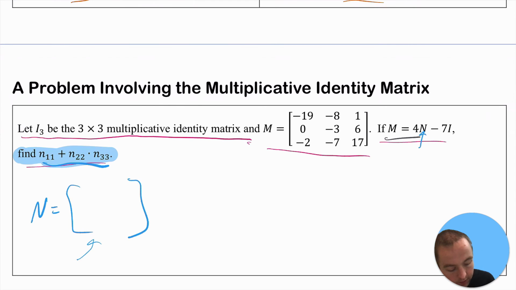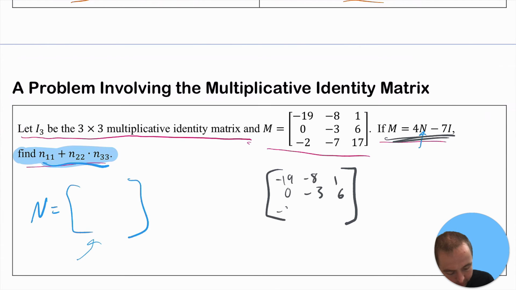So setting up based on that equation, it does say that M, so just copying M, is equal to 4 times whatever n is, which we don't know, so we'll leave it as n, minus 7 times I. And knowing what I is is really important.